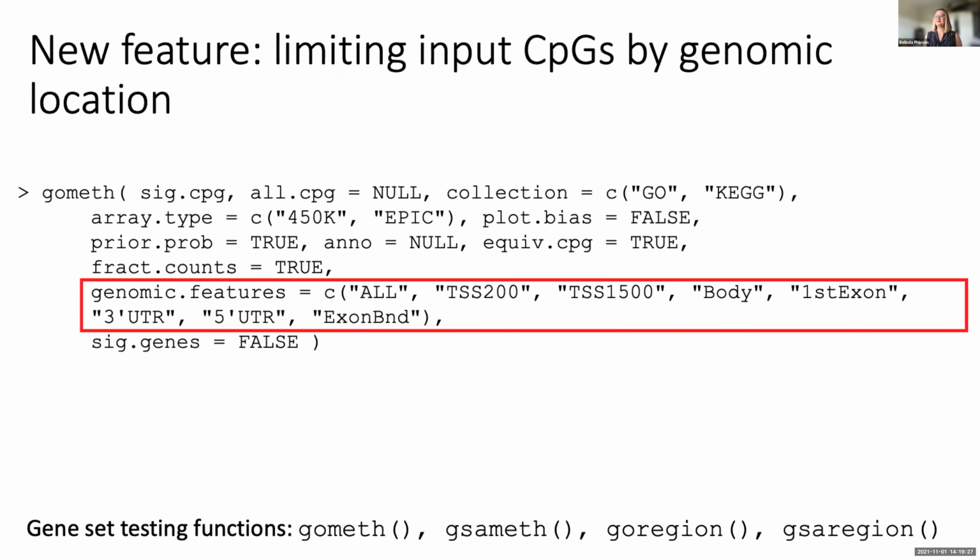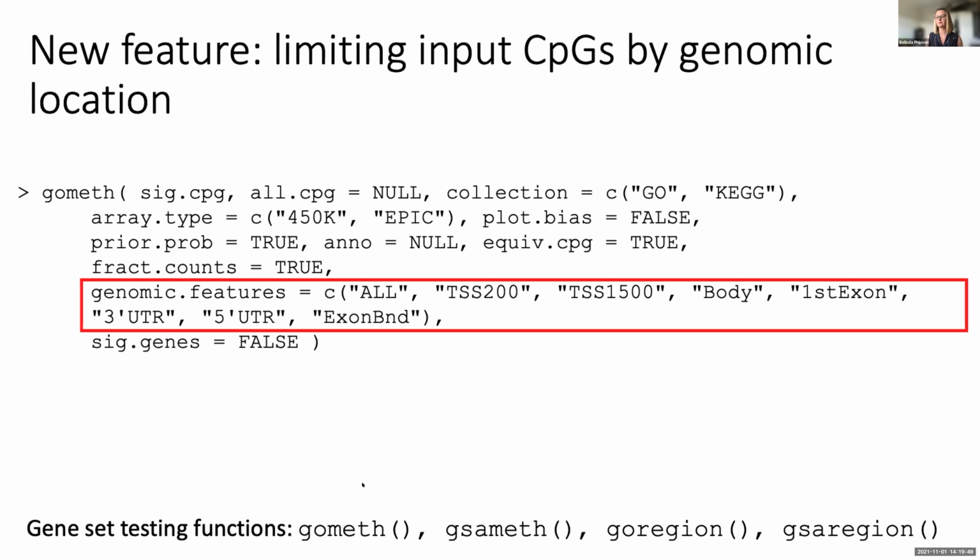So Anna, I just wanted to highlight also, we've done quite a lot of work updating GOMETH in the last year or two, and we do have a couple of new features. One of them is that we can limit the input CpGs by genomic location. We do have a few gene set testing functions.